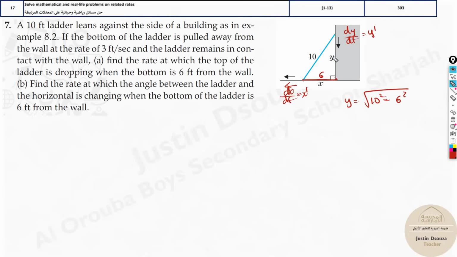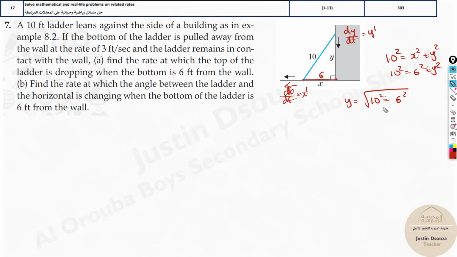If you're wondering why, we know hypotenuse means the side opposite to the 90 degree angle. 10 squared, the square of that, would be the sum of these two squares, x squared plus y squared. We know the value of x squared, that is 6 squared plus y squared. So take this 6 squared to the other side, it becomes minus, and take the square root.